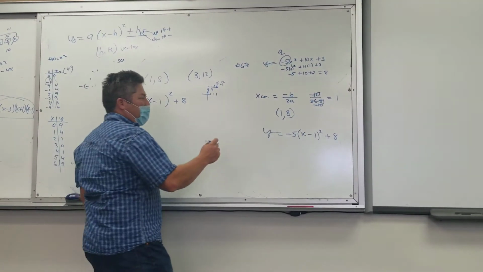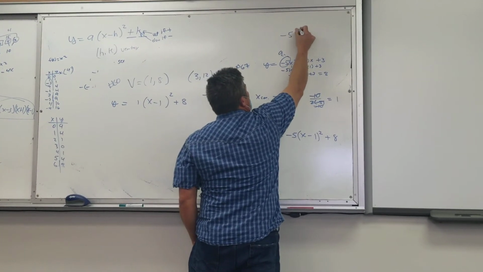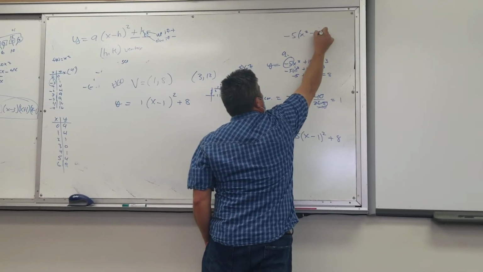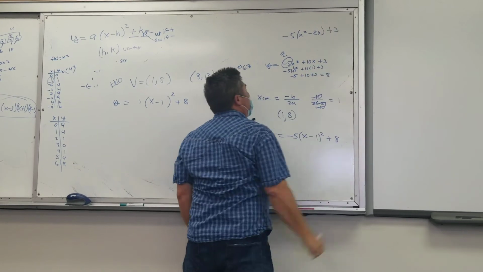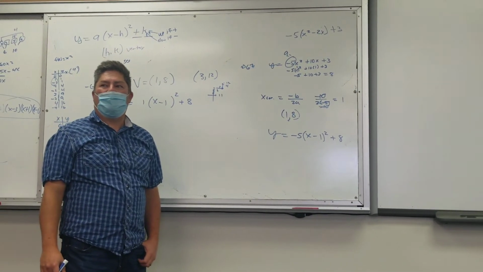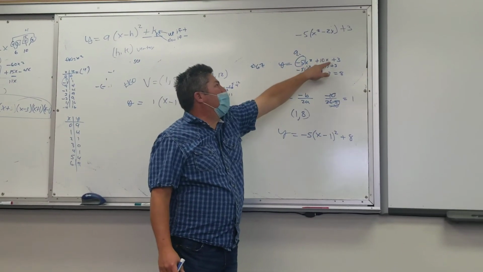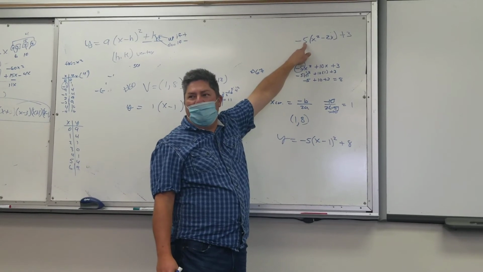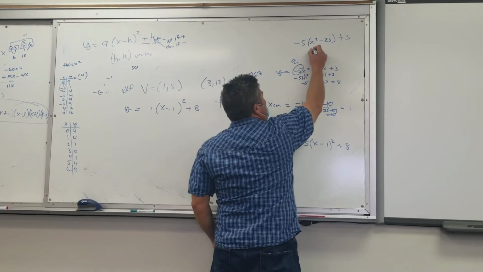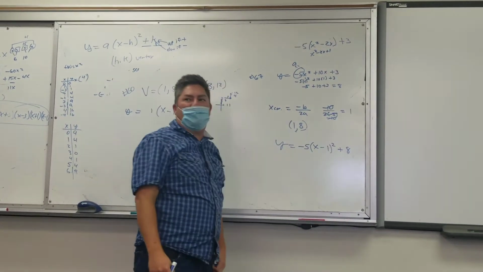Watch. Here's a little trick. Everybody agree with that so far? What did I do? I just grouped that and factored out a negative 5. We've done that before, right? Okay, now watch. Why would I want that to be like that?